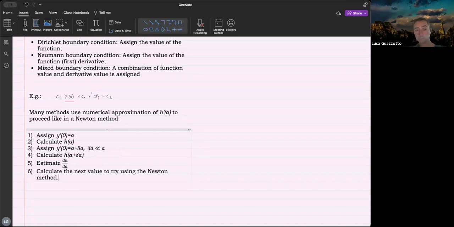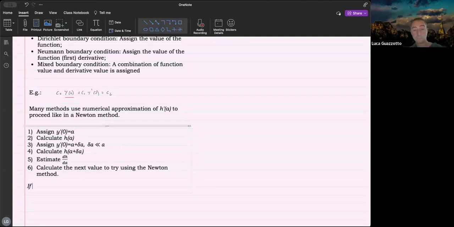So in that case, you can sort of do the same thing. You can still write this as a system of equations. Let's say we have two coupled second order equations.